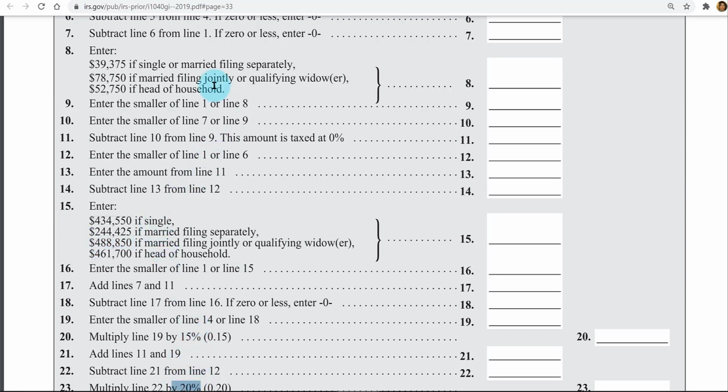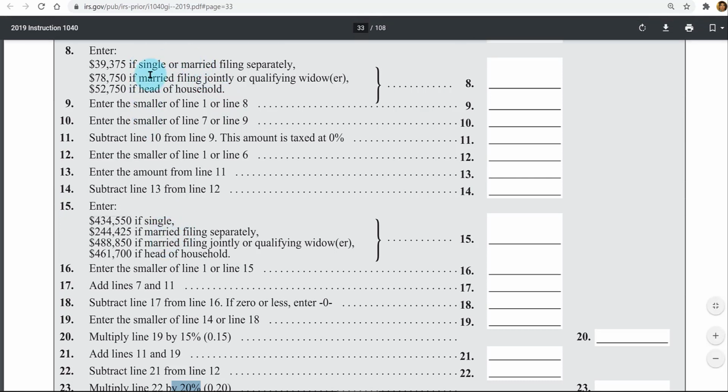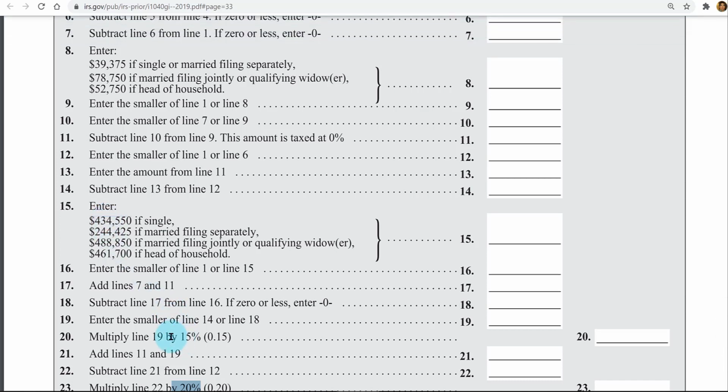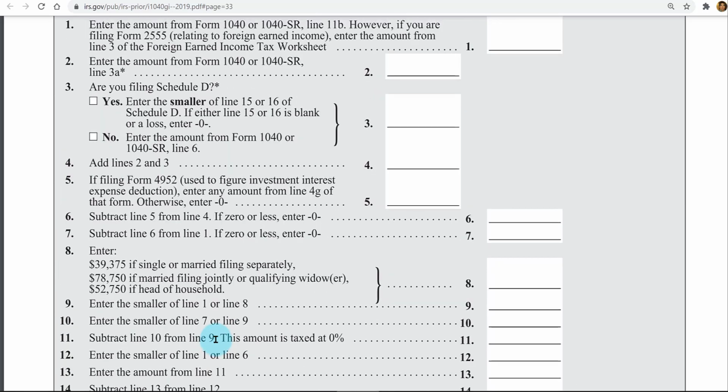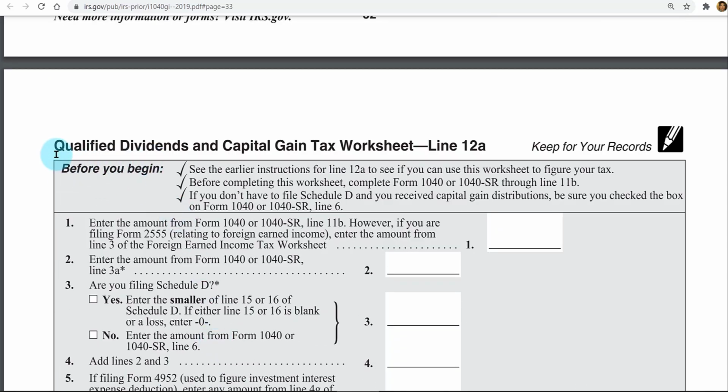Based upon your filing status, and you see the difference in the amounts that range, for most people their qualified dividend gets taxed at 15%. And again, the rest of the income is taxed using the tax table or tax rate schedule. It's being calculated here on this worksheet. Here it says you keep it for your records. You don't turn it in with your tax return.